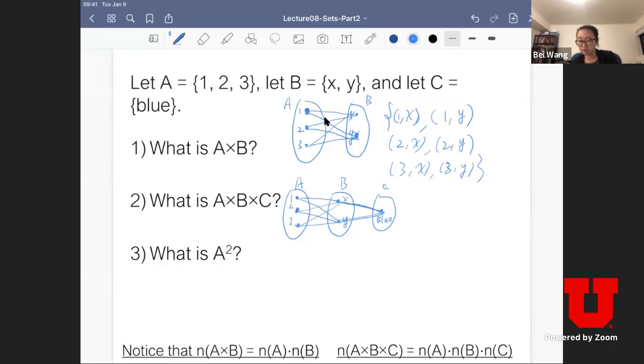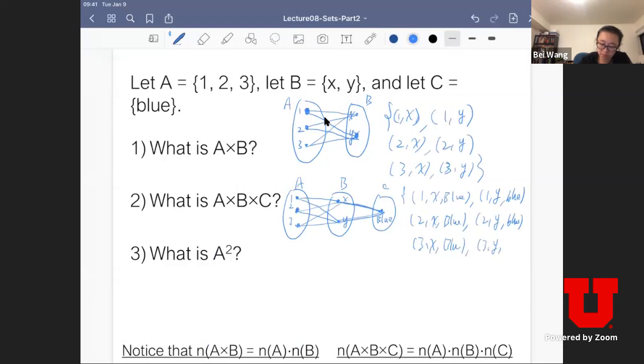So essentially, for this solution I just add an extra blue to each element. So 1X blue, 1Y blue, 2X blue, 2Y blue, 3X blue, and 3Y blue. Each element is a triple.